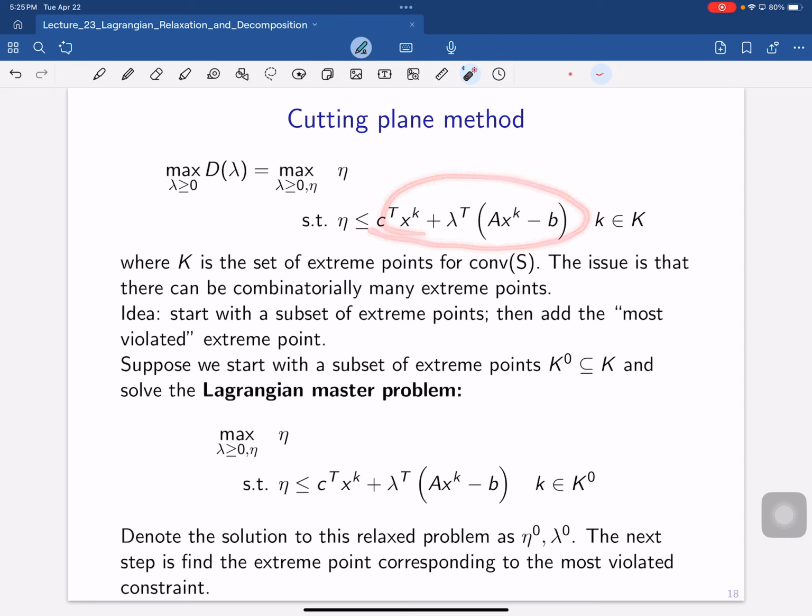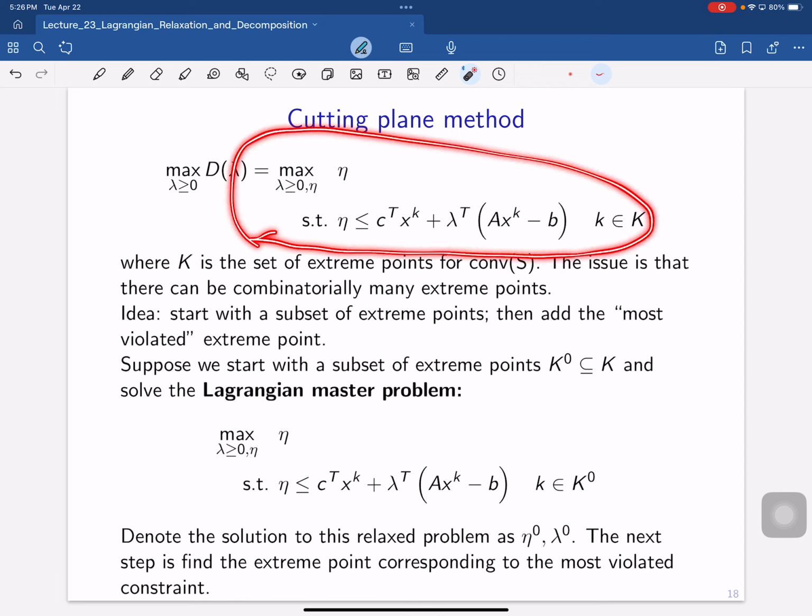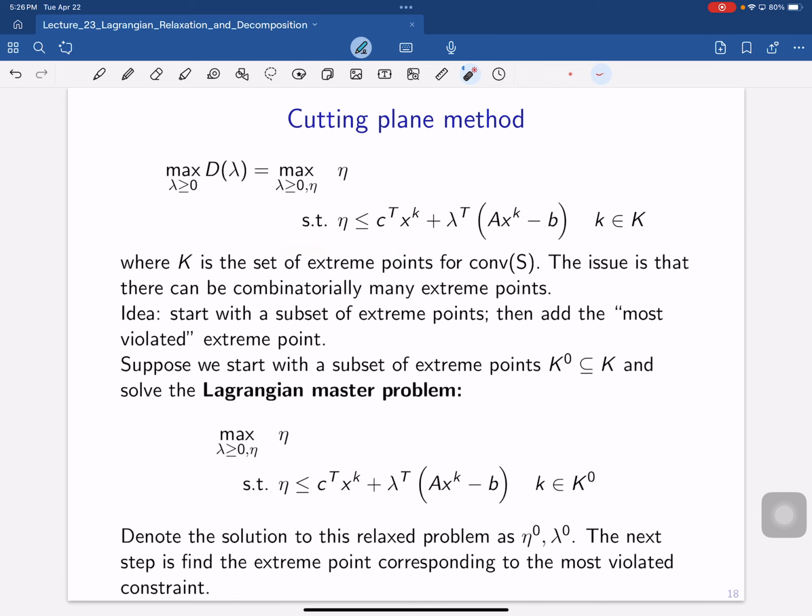If you have all the cuts corresponding to the extreme points, this is equivalent to the original problem, because you are essentially trying to find a lambda that maximizes this problem where the objective is a minimization over all the extreme points. So this objective should be less than or equal to all the linear functions. The eta here is less than or equal to all the linear functions you have.